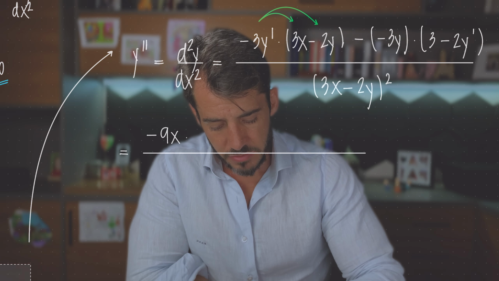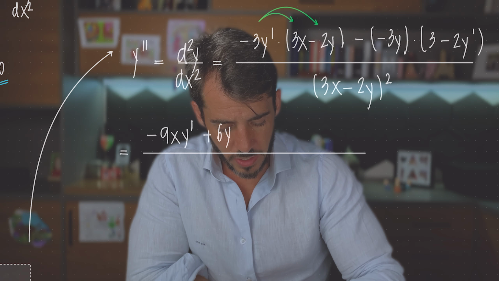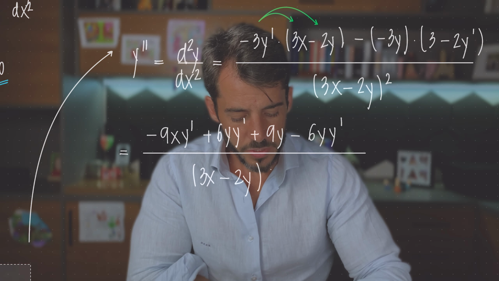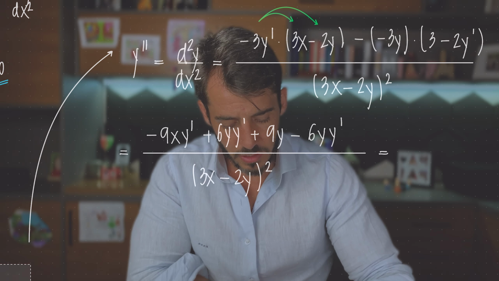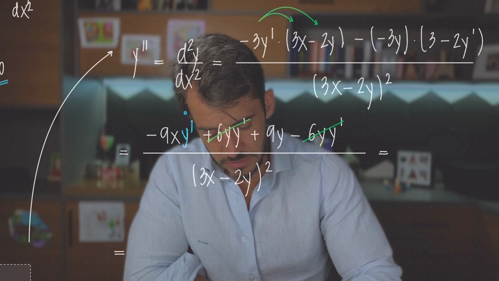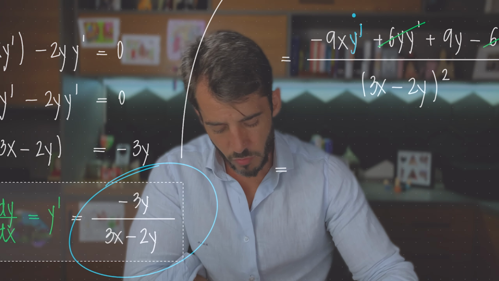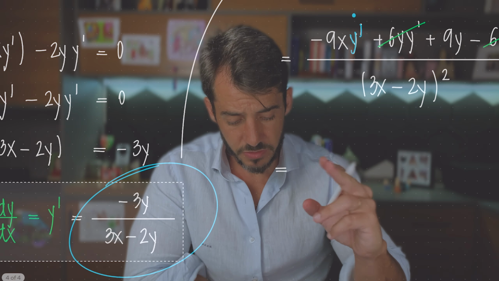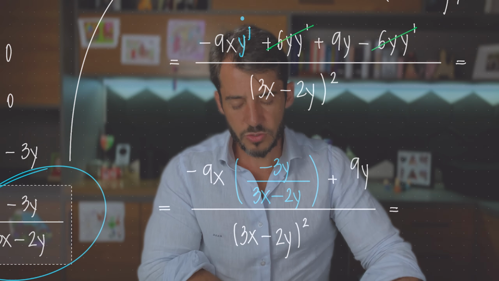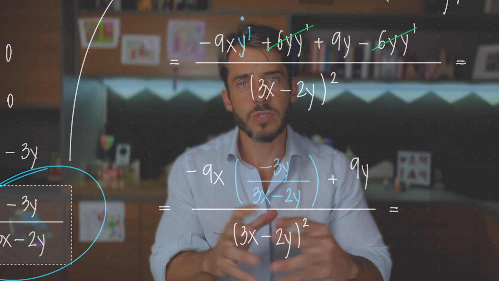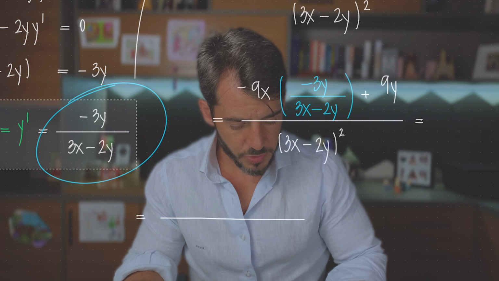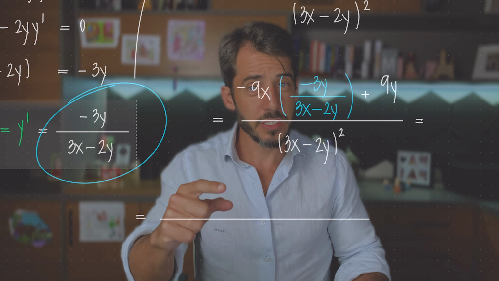So we have negative 9x y prime plus 6y y prime plus 9y minus 6y y prime over 3x minus 2y squared. We can cancel out these y primes, which simplifies a lot, and we are going to replace this y prime by negative 3y over 3x minus 2y, which gives us negative 9x times that plus 9y over 3x minus 2y squared, which we're not going to expand. The denominator will just stay there. Now you can simplify this quite a bit if you put 3x minus 2y as the common denominator in the numerator.